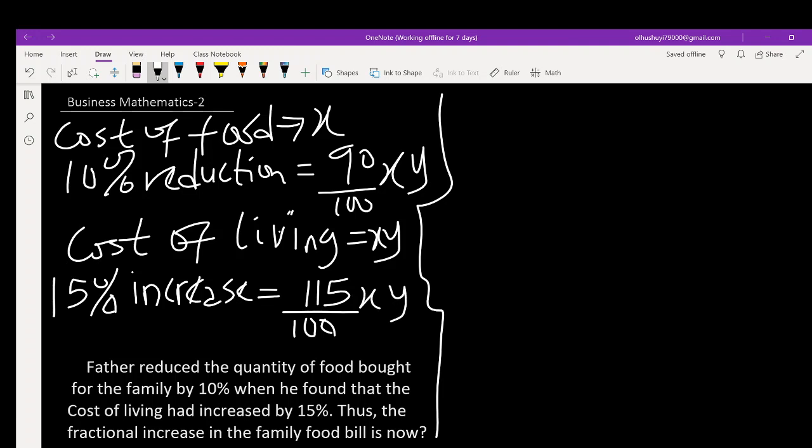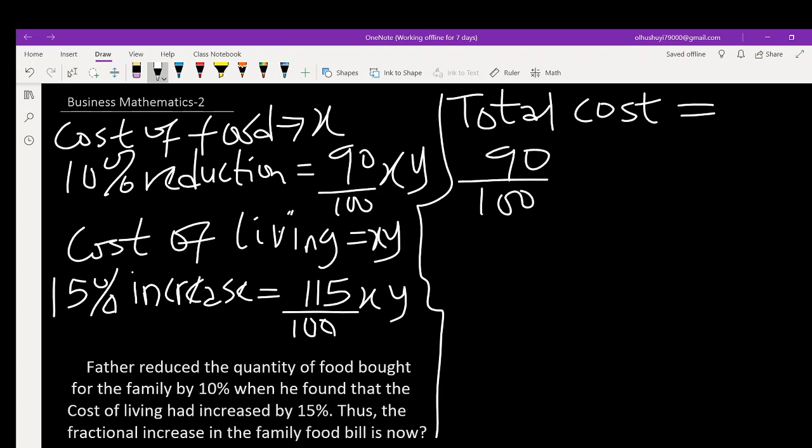So total costs. Total cost will be equal to the product of both of them. 90 over 100 XY times 115 over 100 XY. What would that be equal to?